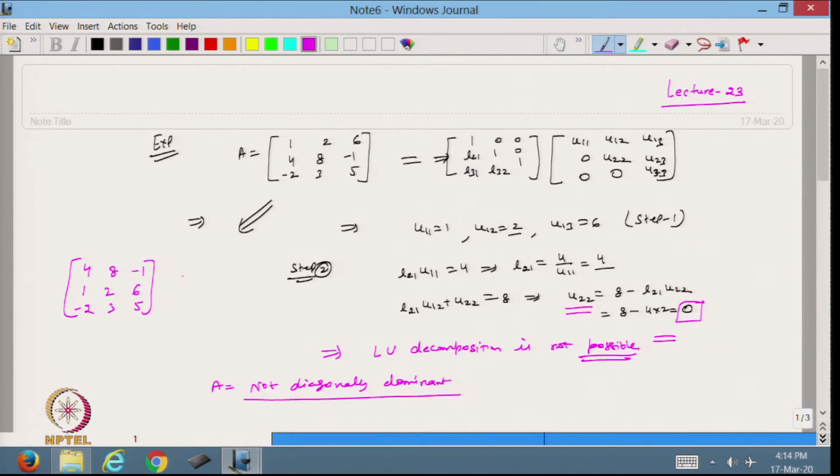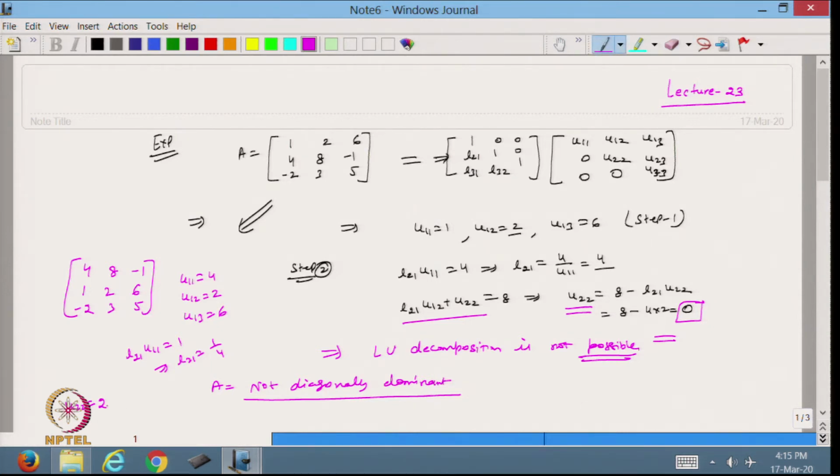So, in this case my A11 will be 4, U12 will be 2, U13 will be 6, and then my L21 U11 will be 1. So, from here I can say my L21 will be 1 by 4, and then if I want to find my L, so this one I want to do. So, my U22 will be 8, no not 8, it will be 2.